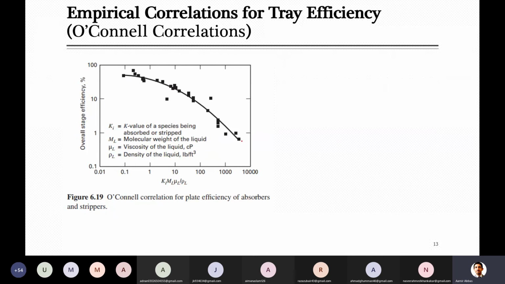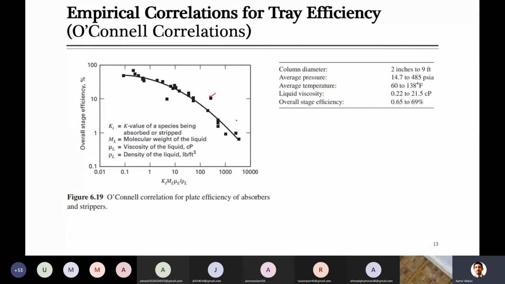After looking at data for various components, they obtained these data points, and then drew a general trend: this will be the trend if we go for separation using these components, and this will be the efficiency of the plant.